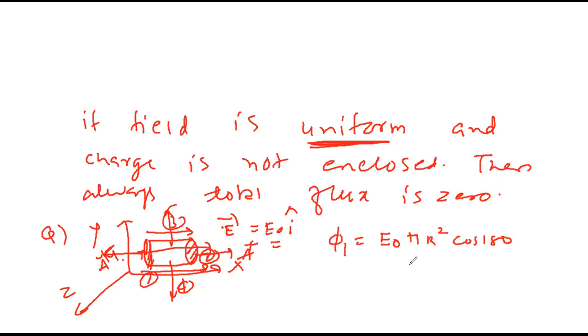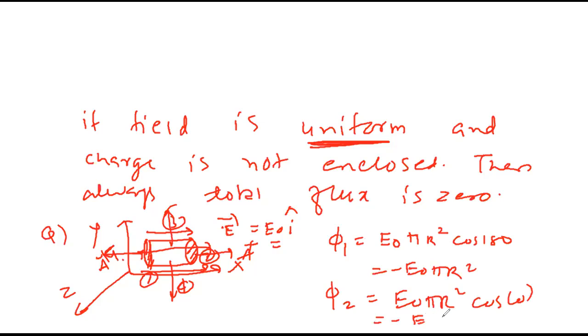So I can say minus E naught pi r square. Flux on the second face will be E naught pi r square cos 0, which is 1, that means it will be plus E naught pi r square.